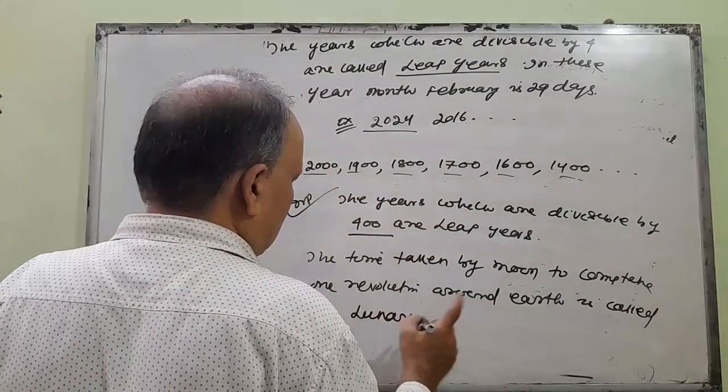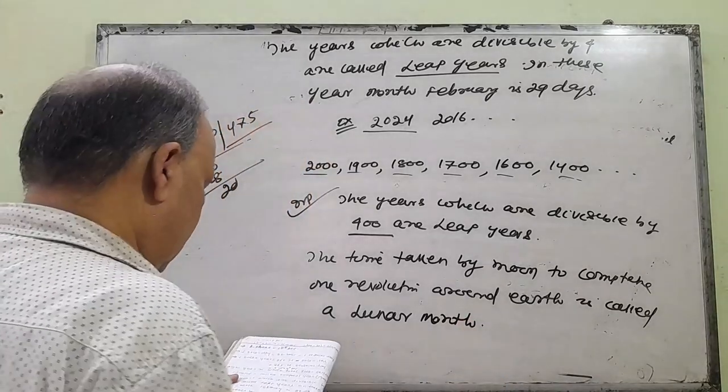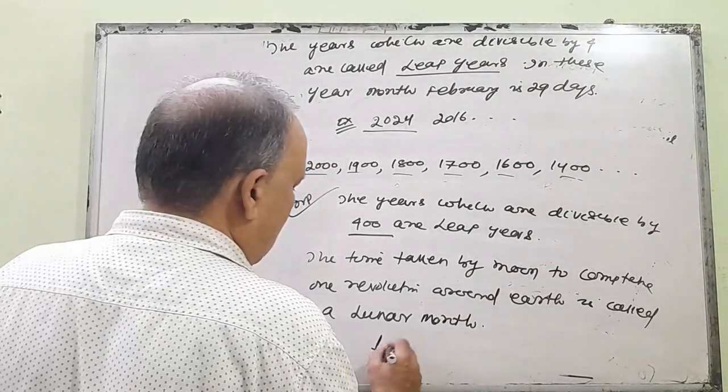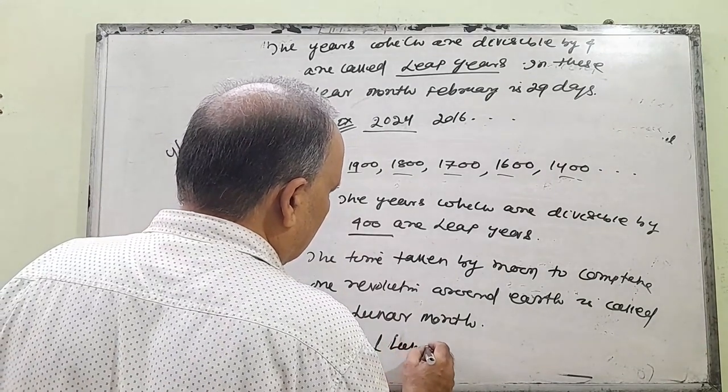You know, month, 1 month. Actually you see, 1 lunar month is equal to 1 lunar month.